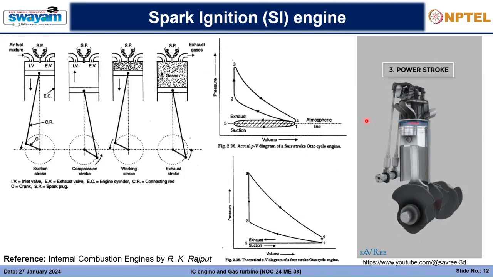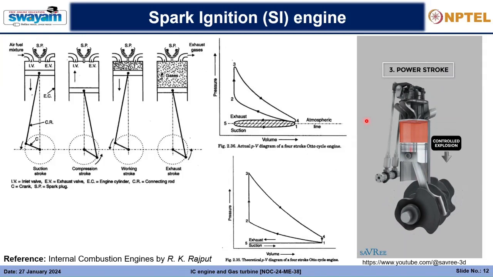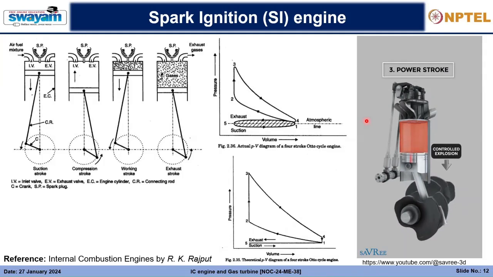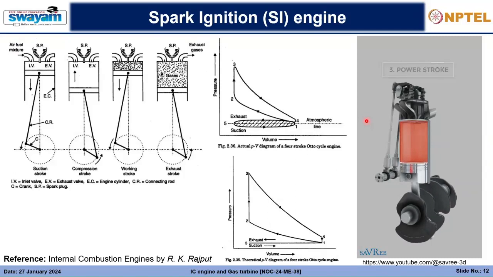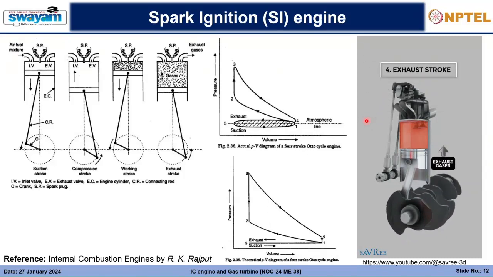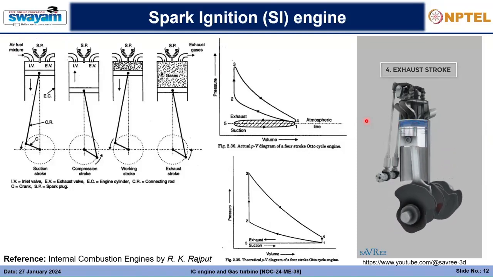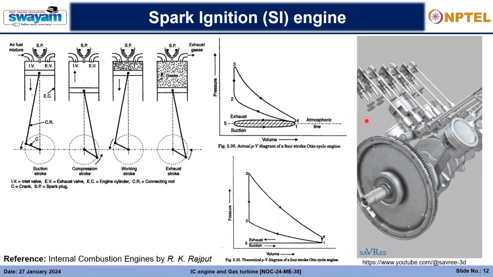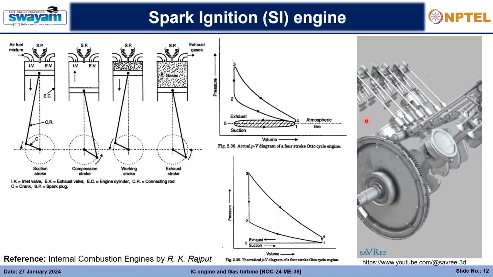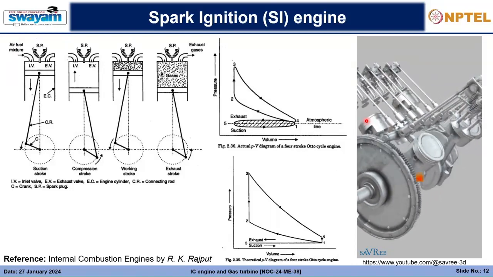Power stroke: fuel is injected, and a spark plug ignites the air-fuel mixture, causing a controlled explosion. The expanding gases force the piston downwards. Exhaust stroke: the piston moves up, forcing the exhaust gases out of the cylinder via the exhaust valves. The 4 strokes repeat themselves over and over again, generating power, then transferring it to the load.